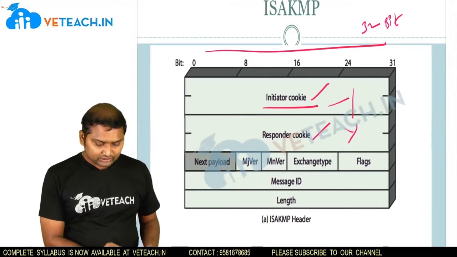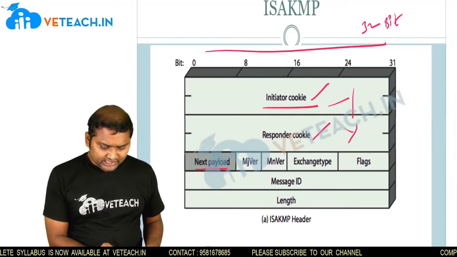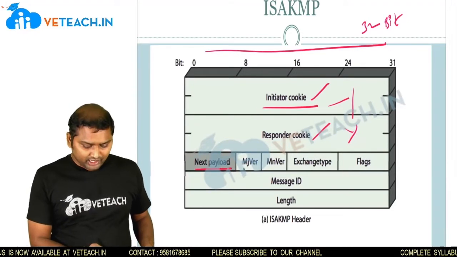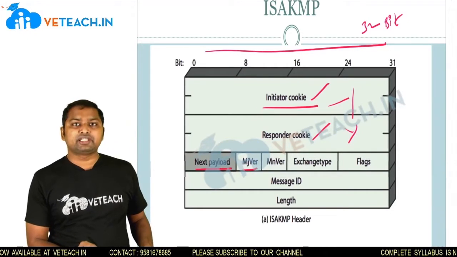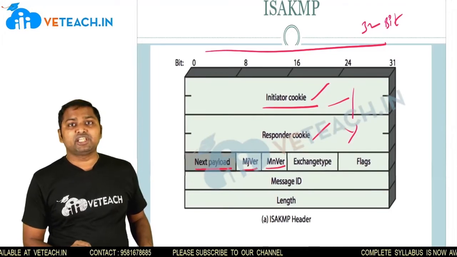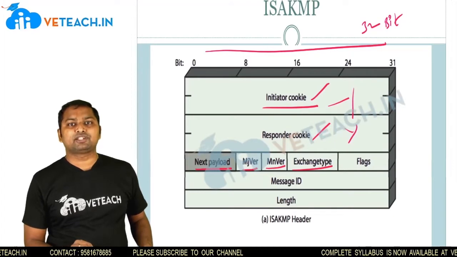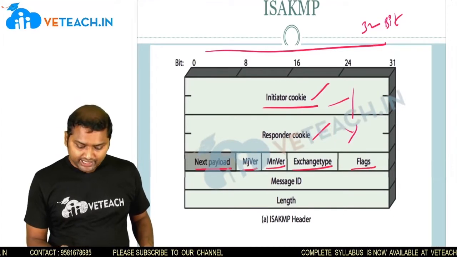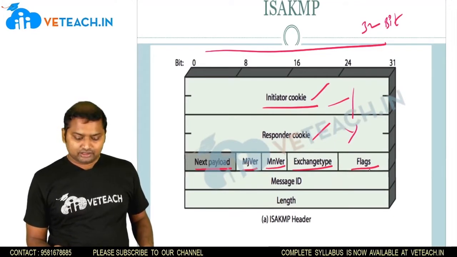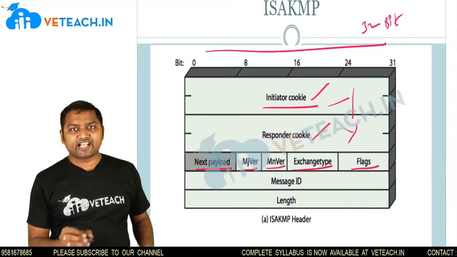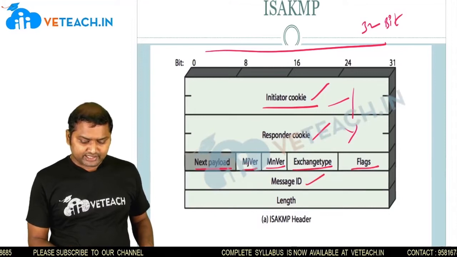Now, this is the next payload. Next payload means the data, and MJVR means major version, MNVR means minor version, and exchange type, what type of exchange is to be done, and flags. The purpose of the flag is how many times it is exchanging the keys, and message ID.